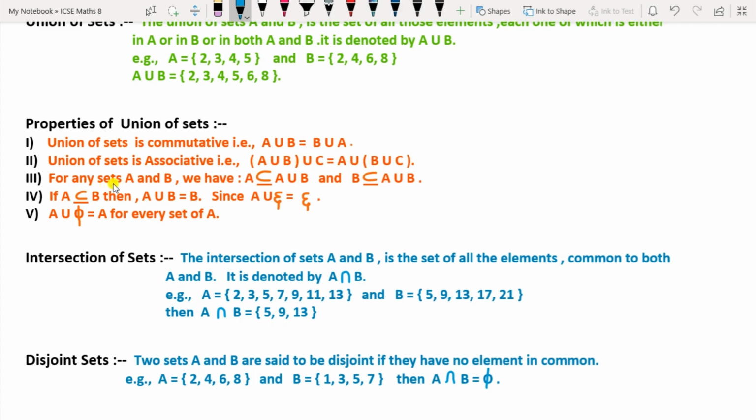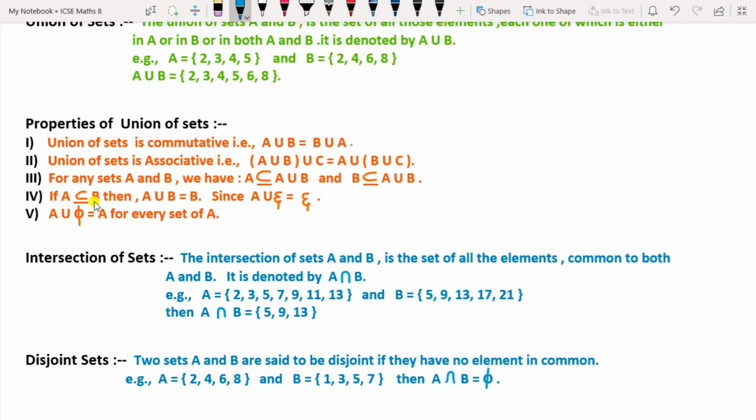For any sets A and B, A will be a subset of A union B and B will also be a subset of A union B. So whatever sets are included in the union of the two sets, each of the sets will be a subset of the union. Then if A is a subset of B, then A union B equals B.